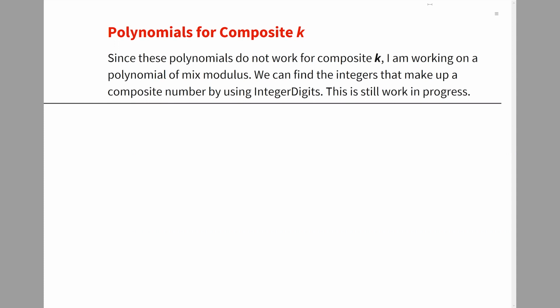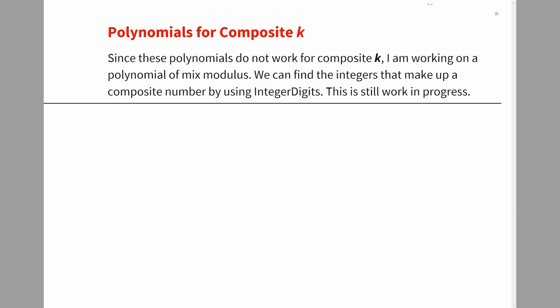So in this case, if I take, for instance, K equal to 4, I factor, and the factors will be 2 and 2. So I know that I can create the polynomial using 2 combined polynomials modulo 2. And that allows me to do that.